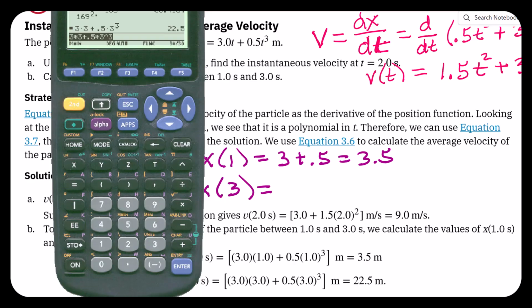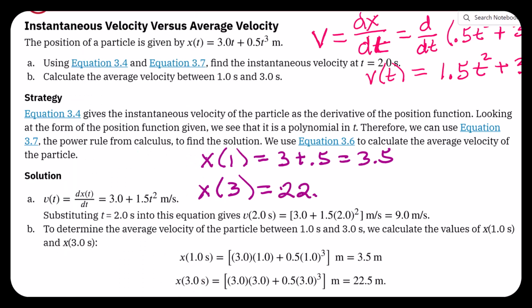Yeah, 22.5. So the average velocity is going to be that 22.5.